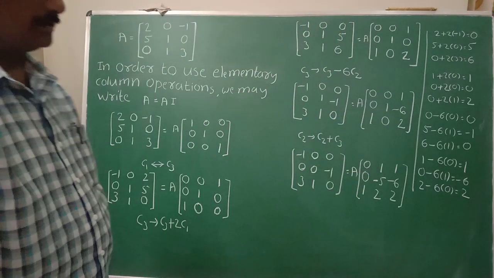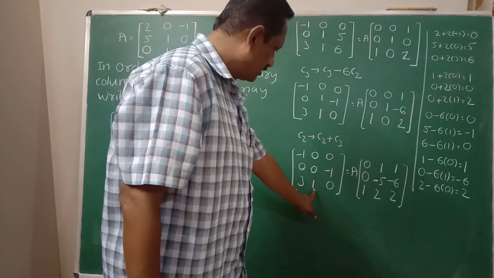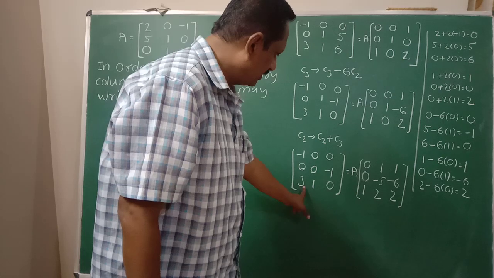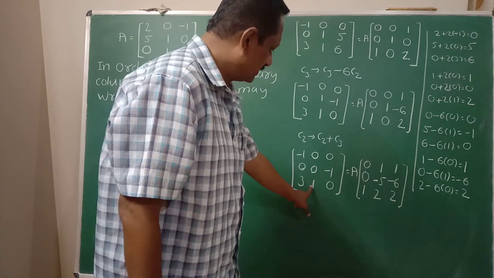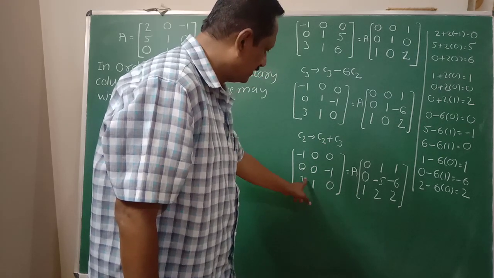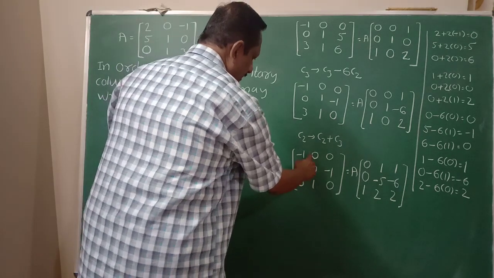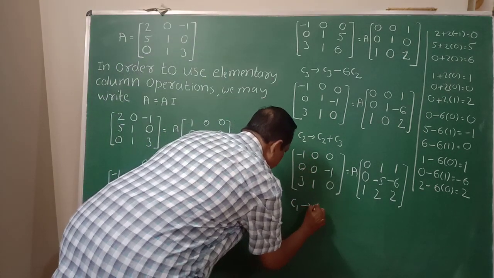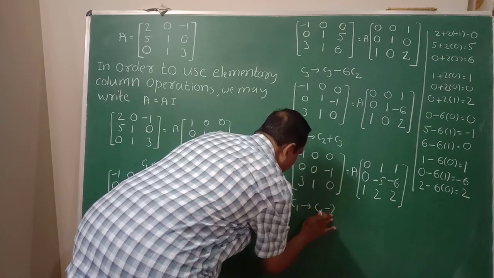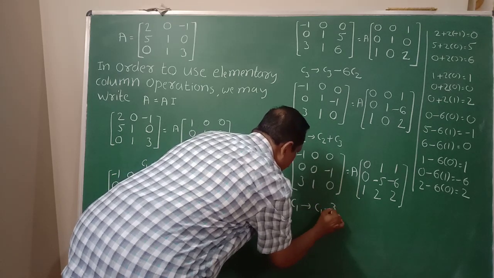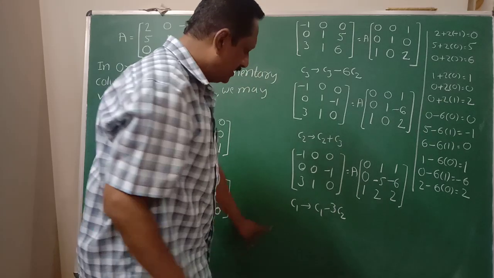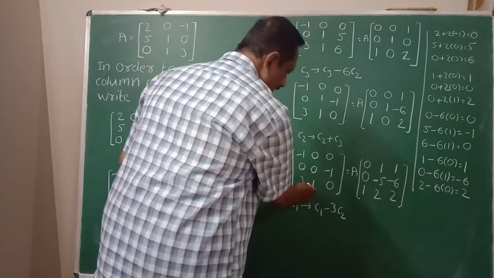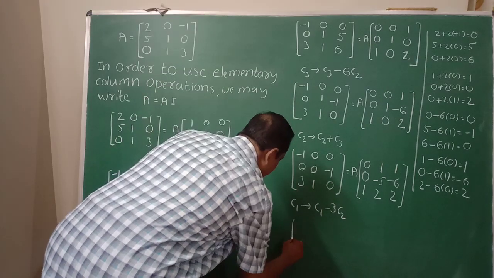Now using this column, make this term 0. Therefore multiply by 3 and subtract, so this term becomes 0. The first column C1 gives C1 minus 3 into C2. Only the first column changes; the second and third columns stay as they are.